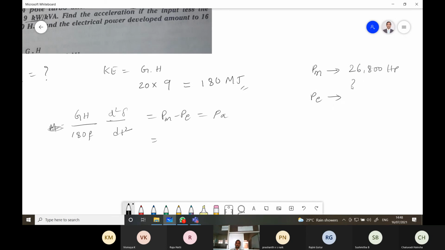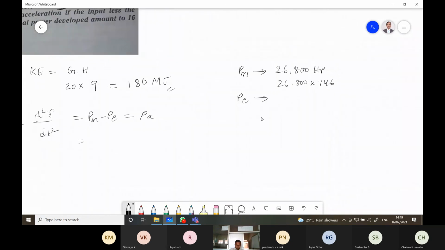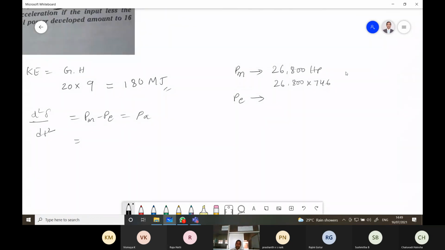So convert it, 26,800 into 746. How much do you get? This is equal to 19.99 megawatt, nearly 20 megawatt. So what is the value of Pe? That is given as 16 megawatt.